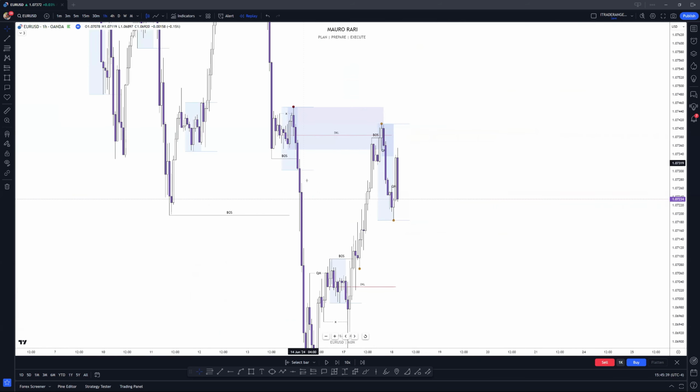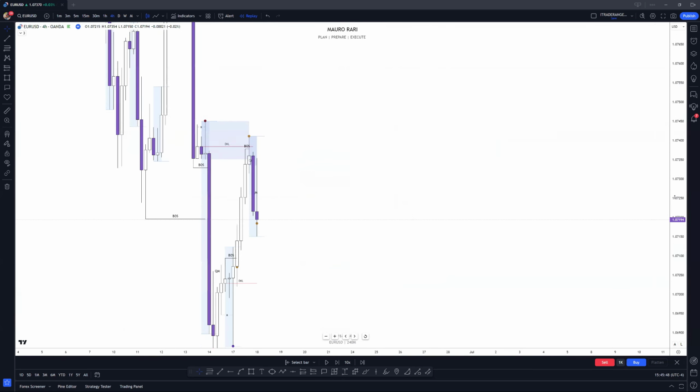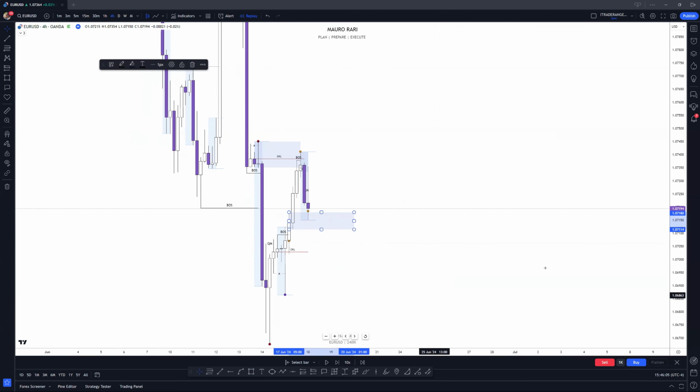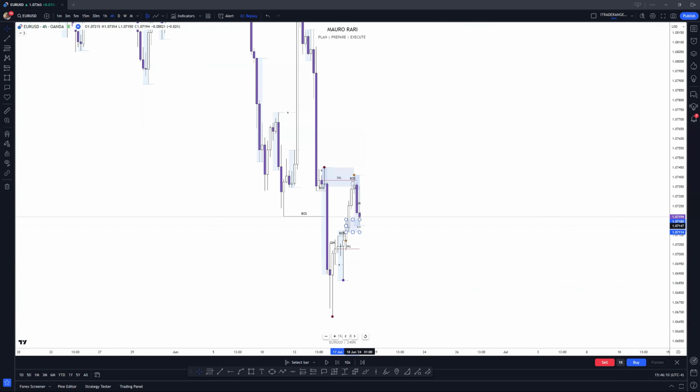So I can go to 1 hour. I have too many key levels in 1 hour. So I will go to H4, okay? And what I can see in H4 is this hidden base, that is going to show me, that is gonna be perfectly aligned to my range.